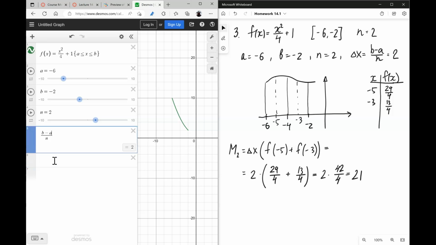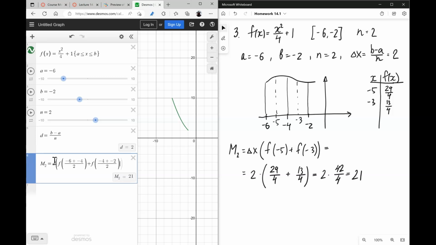So if we label this, let's just call it d for delta x, then m2 will be equal to delta x times f of, and here again, you can use technology, and instead of actually figuring out the value -5, you can do the average, like -6 plus -4 divided by 2 plus f of -4 plus -2 divided by 2.